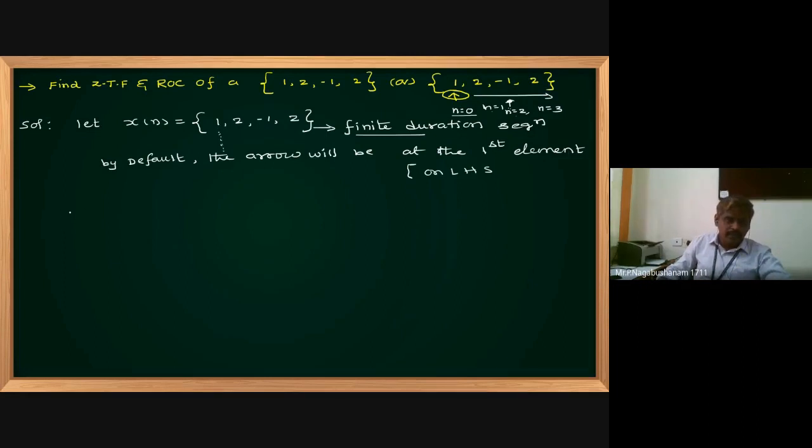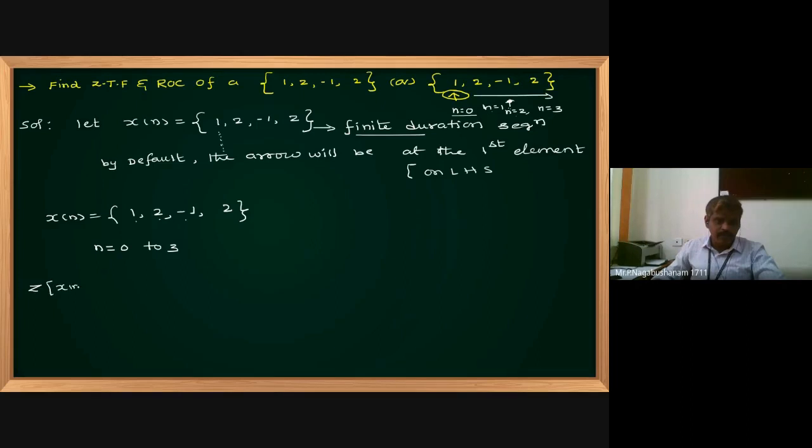As per the given question, I have assumed x of n equal to 1, 2, minus 1, 2. So n starts from 0 to 3: n equal to 0, 1, 2, 3. Now the general formula for the Z transform of any sequence, finite or infinite duration, is very important.